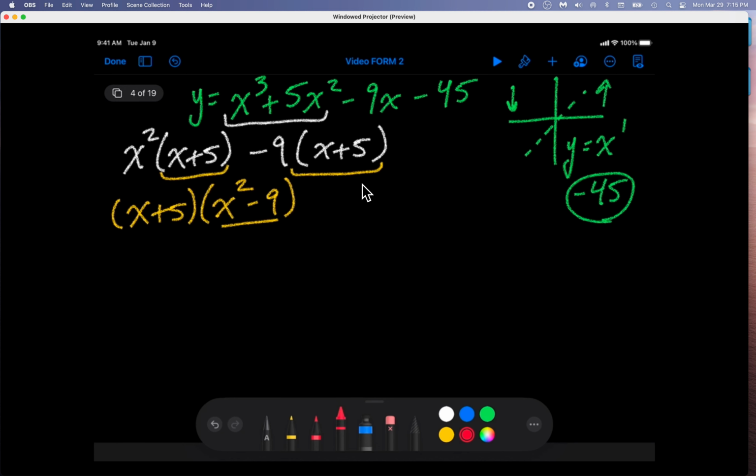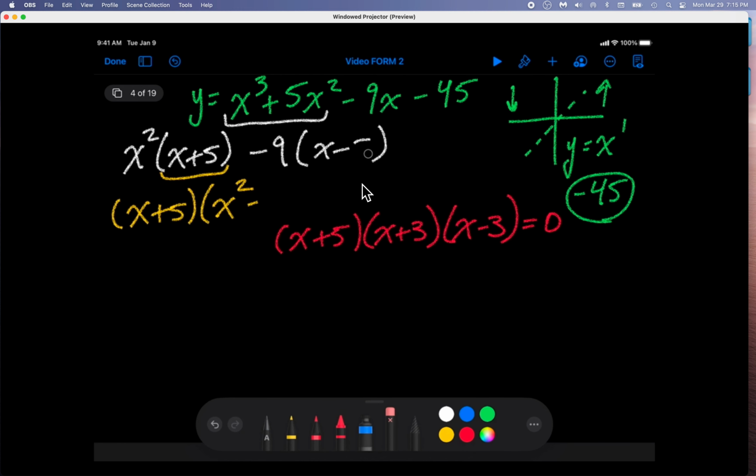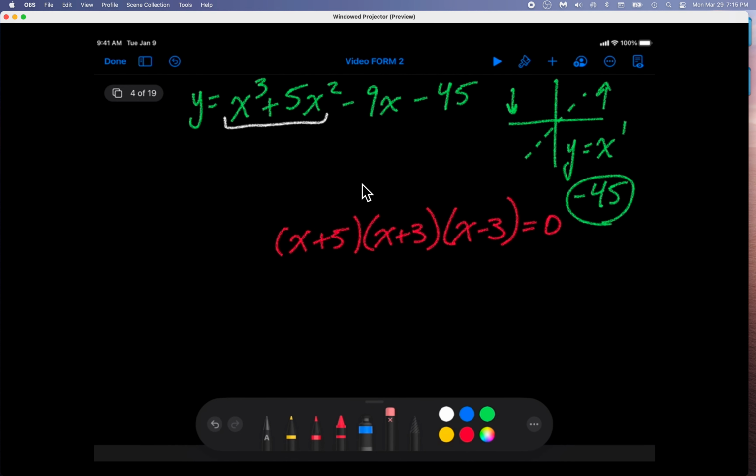So when all the smoke clears, we get x plus 5 times x plus 3 times x minus 3 equals y, and we're going to set that equal to 0. Okay, let me make some room. This is what we're going to work with. It's a third degree polynomial.